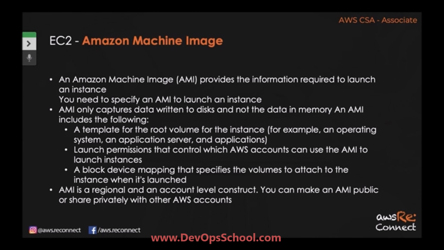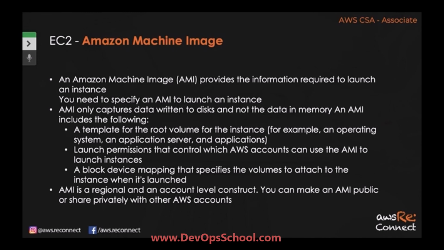AMI means we have created a snapshot of it. So next time when I want to replicate this instance, I can choose this AMI. It will replicate the instance data, including the operating system, the Apache server and the data inside my server.